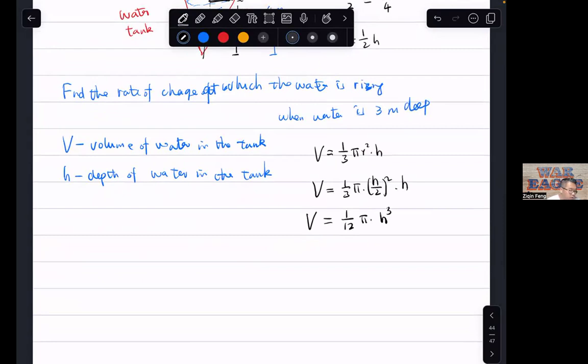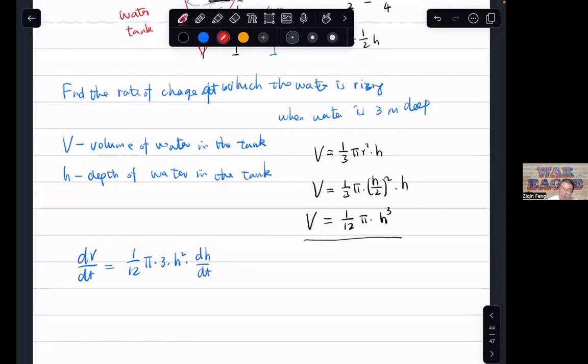Now what we want to do here is find dh over dt. So we differentiate our equation with respect to time t, and you get dV over dt is 1/12 pi times 3 times h squared times dh over dt.